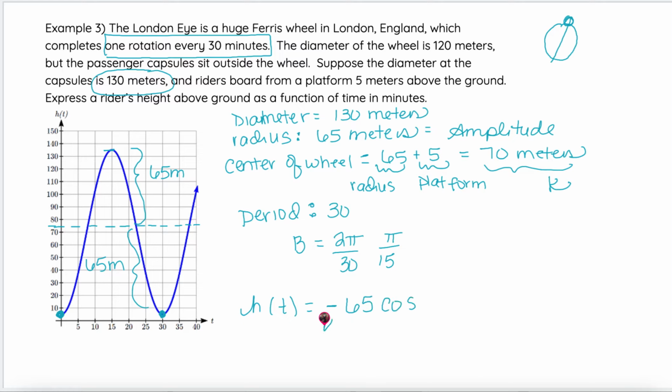So this negative reflects vertically. Pi over 15, and I'm using t because it's asking us for time in minutes, plus 70, our midline. And clearly I don't know where 70 is. For some reason, I did 75. Here we go. That looks a little better.